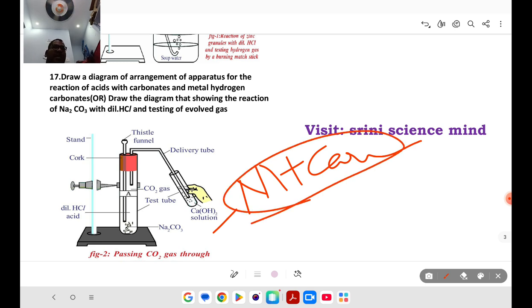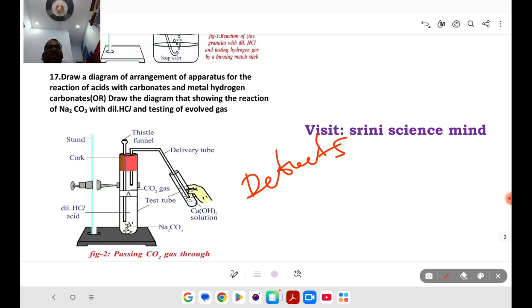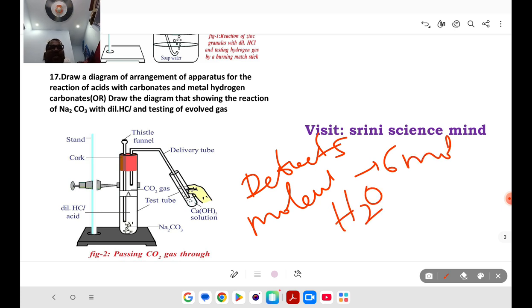In addition to this you need to focus on the defects of the eye diagrams, hypermetropia and myopia diagrams, as well as molecular structures from the chemical compounds lesson. We have 6 molecular structures, like the molecule structure of water. So study that also. Hybridization, also focus on this.